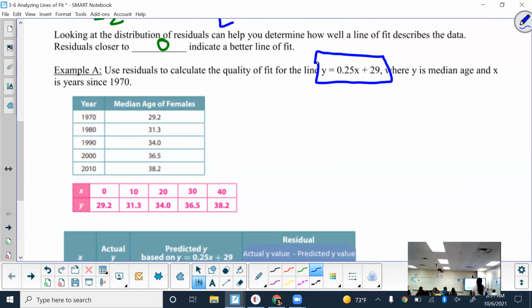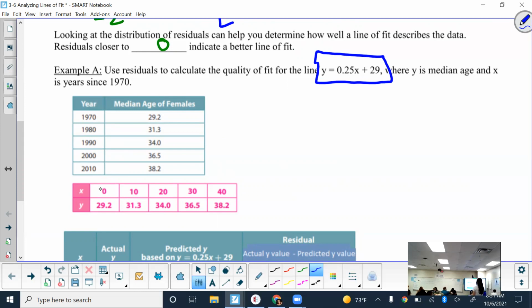Y represents median age, and X is years since 1970. So here's the raw data, and then they converted it to a table.